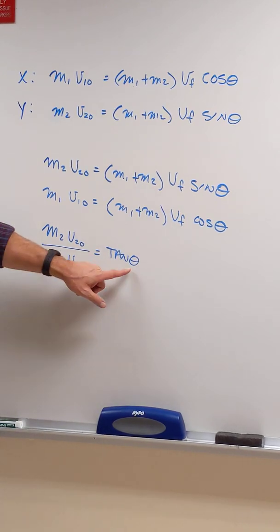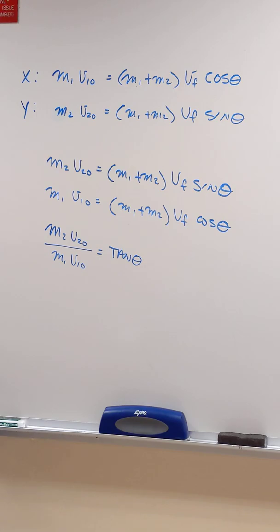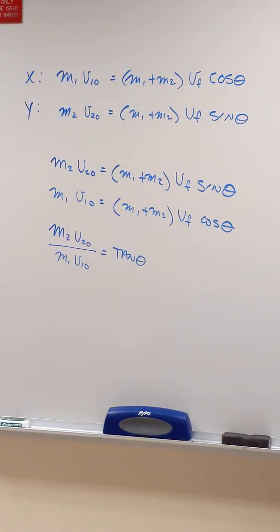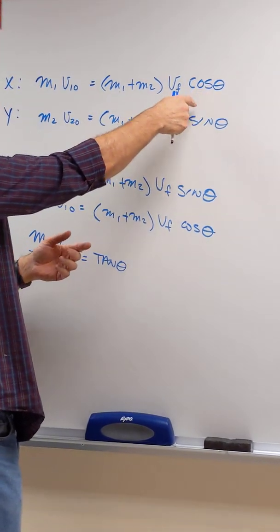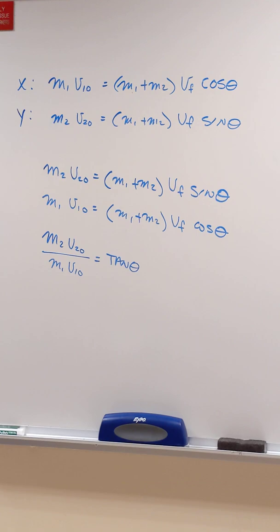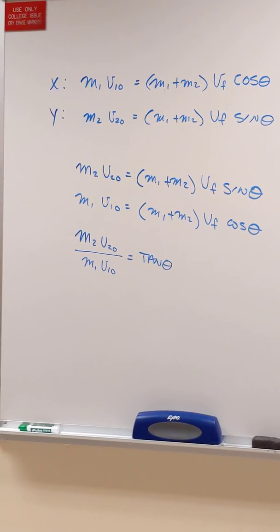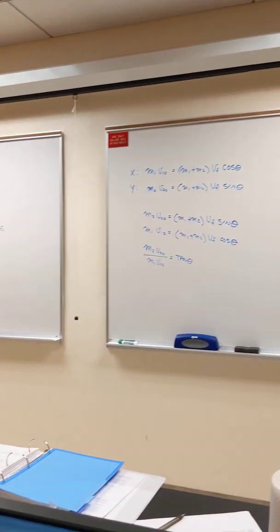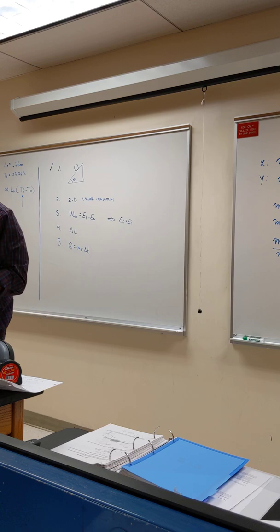And that would allow me to find theta with inverse tangent, if I knew these numbers. And once I know theta, then I can plug in here and solve for V final in either one of these. It's just like two equations and two unknowns. Once I know one of them, I can plug in to find the second piece I'm looking for.